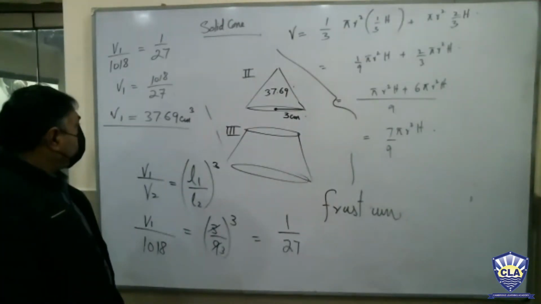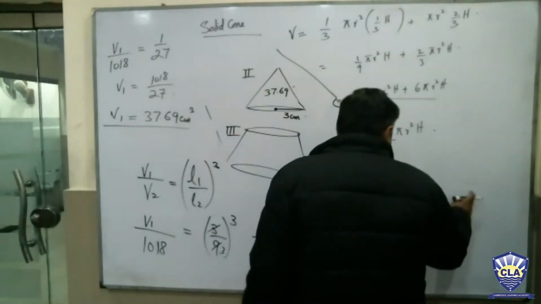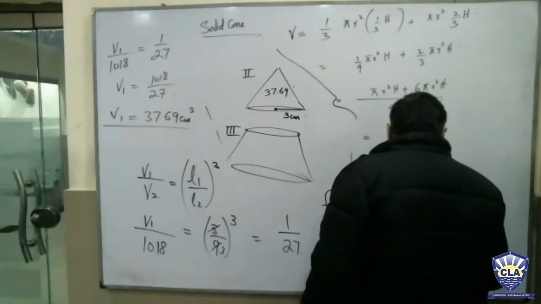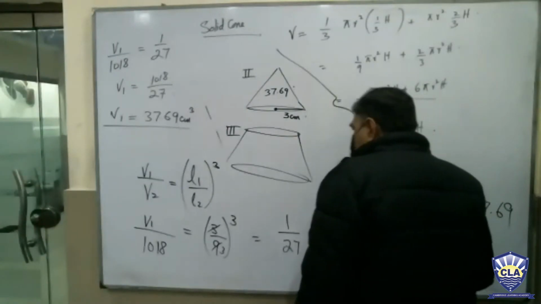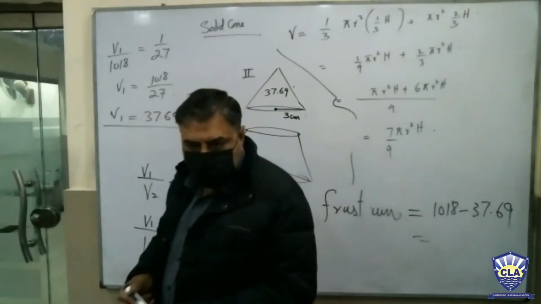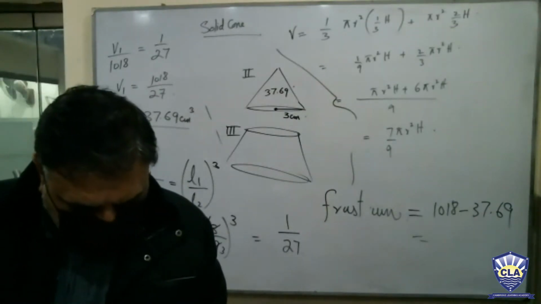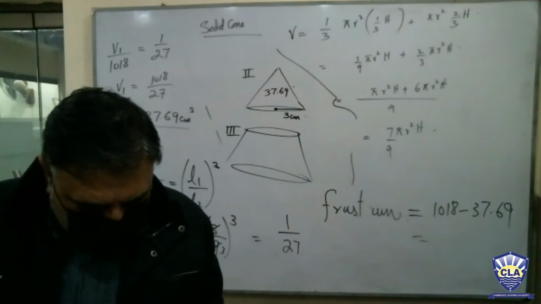So volume of the frustum equals the total volume 1018 minus 37.69. We will get the volume of the frustum, 980.31. It is the last part.